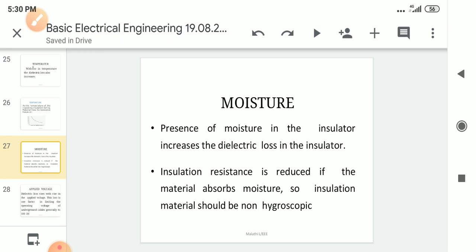Moisture decreases the surface resistance and causes insulation breakdown. When the material is exposed to the atmosphere, insulation resistance is reduced. That's why the material should be non-hygroscopic.